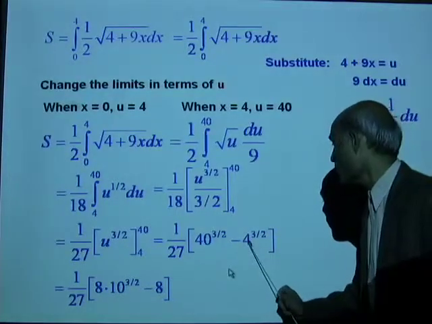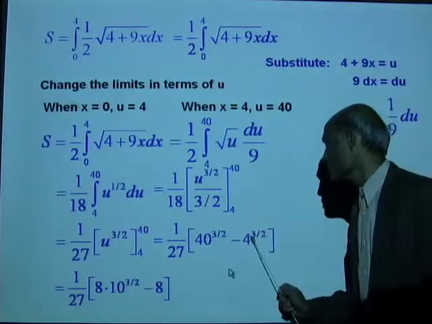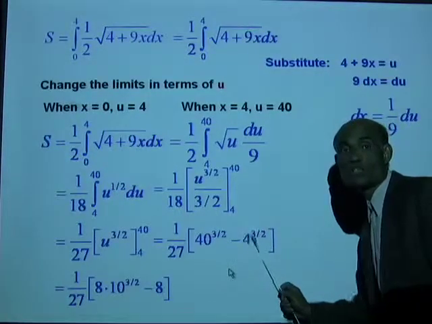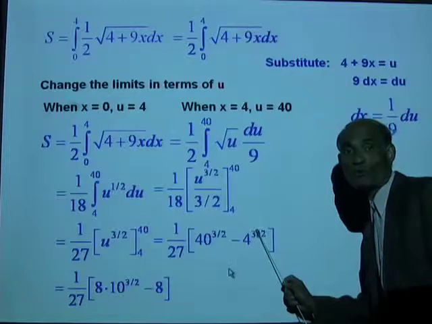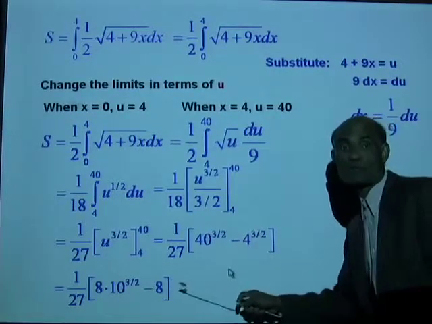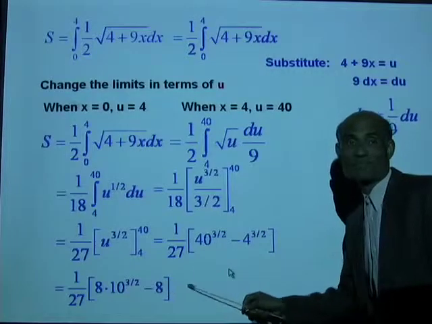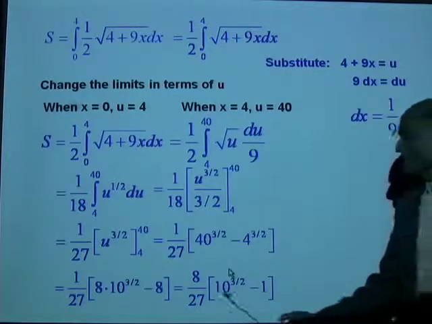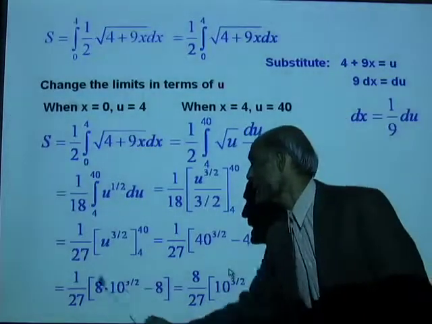Minus, what is 4 raised to the power of 3 over 2? Remember, 4 raised to the power of 3 over 2 is square root of 4 raised to the power of 3. That means 2 raised to the power of 3, that is 8. What is that equal to now? How do you simplify that? You can factor out an 8.